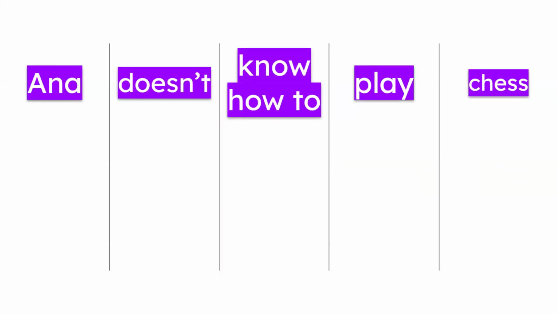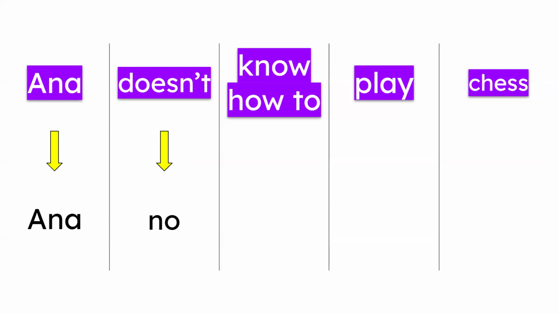Anna doesn't know how to play chess. Anna goes Ana in Spanish, of course. Doesn't is no. And now, what you need to do here is easy, right? Conjugate the verb saber in the third person.